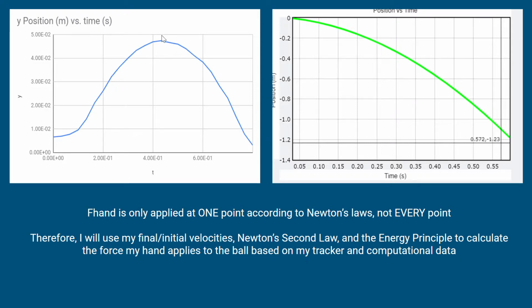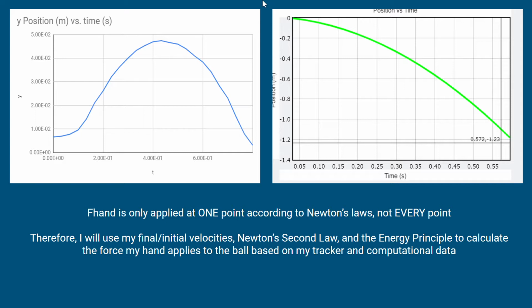I only wanted to go from the top height, which is about 0.433 seconds in, to the final point, which is about 0.8 seconds in. And then I will be using some Tracker data that I had gathered to record my final and initial velocities based on Newton's second law, and I'll use the energy principle to calculate, with all those three, the force that my hand applies to the ball.